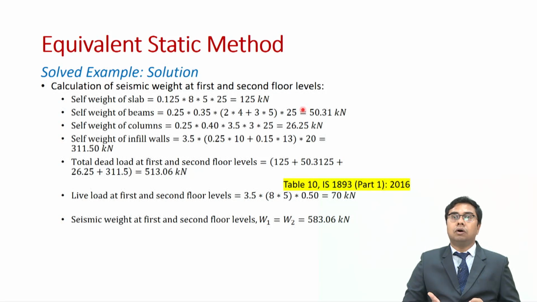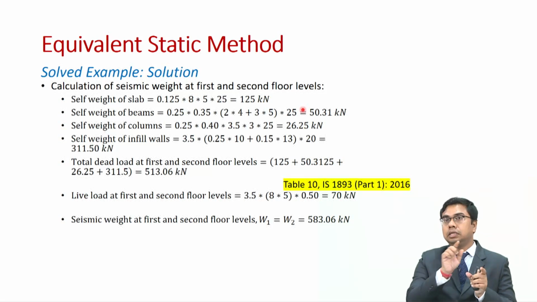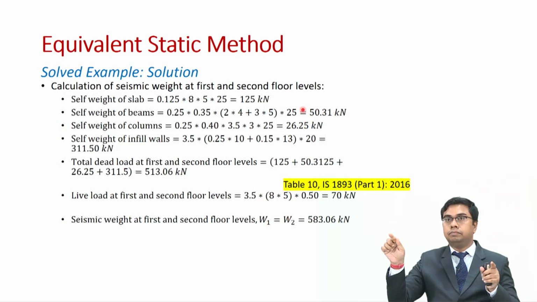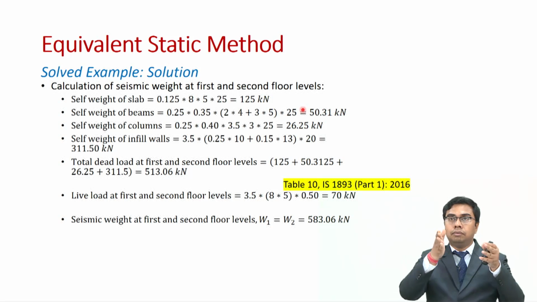The self weight of beams is then calculated. Here we will have how many beams? 2 beams which will have length of 4 meters each in the frame itself, and from the transverse frame you will have self weight of the beam coming into picture of half beam on either side.